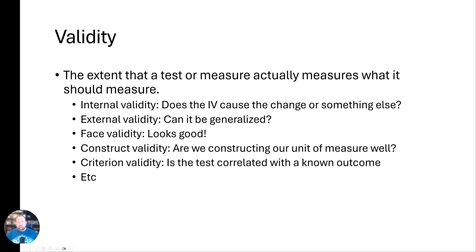Face validity is literally just, it looks good. From what we can tell just looking at it, the measure seems like it should work. Construct validity: are we constructing our unit of measure well? It can be unit of measure, can be variable of interest, etc. But it's essentially whatever our abstract thing is, are we constructing our measure well about that?